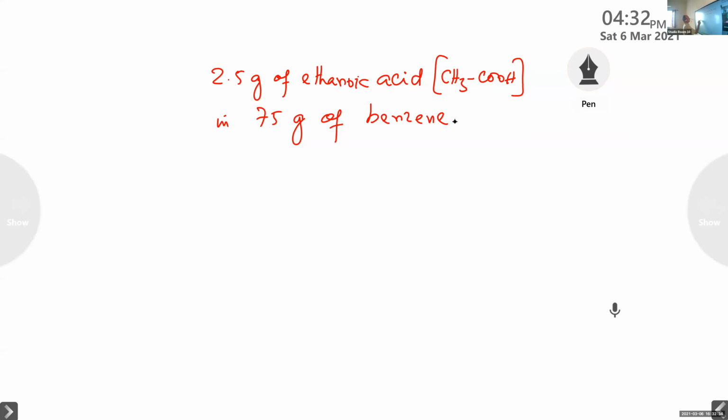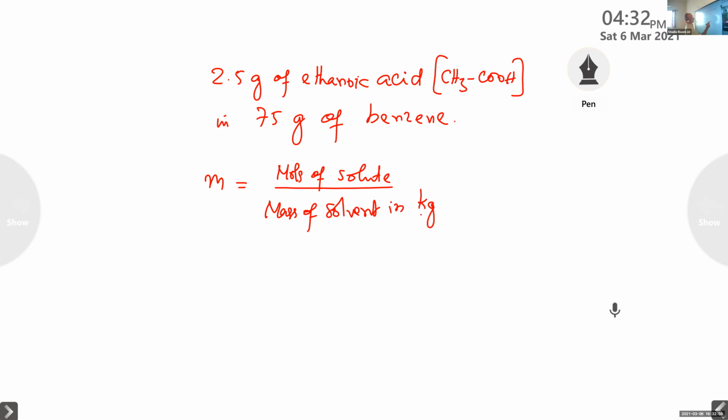So molality, m, is equal to the number of moles of solute divided by the mass of solvent in kilograms.